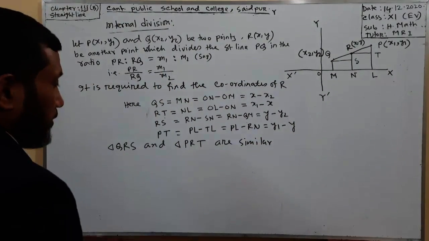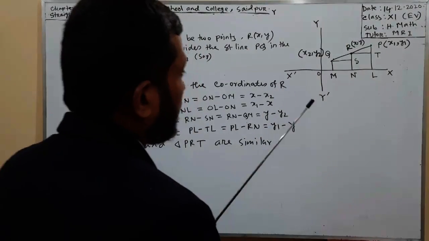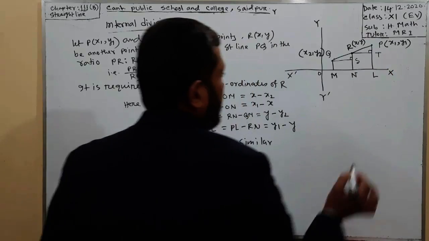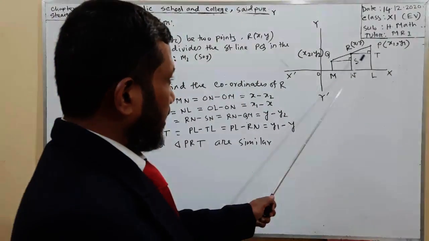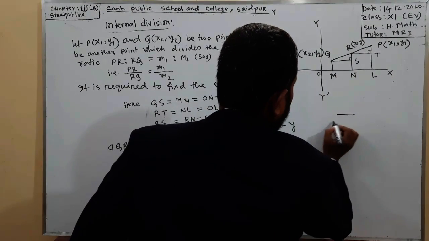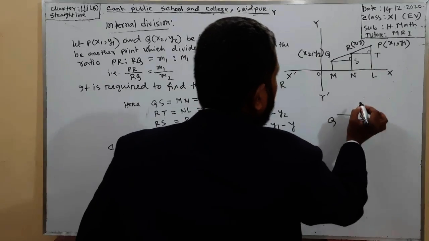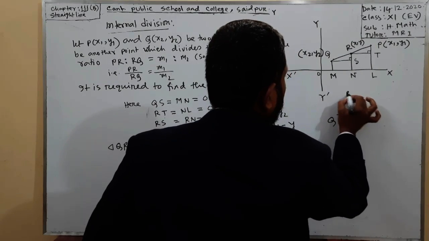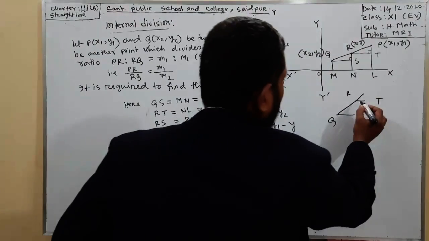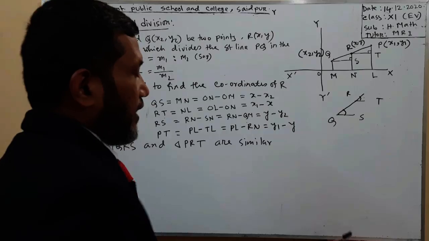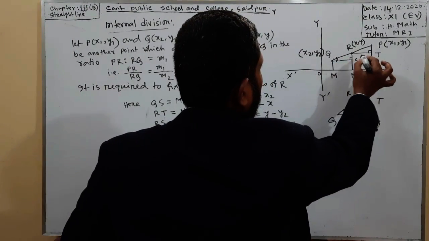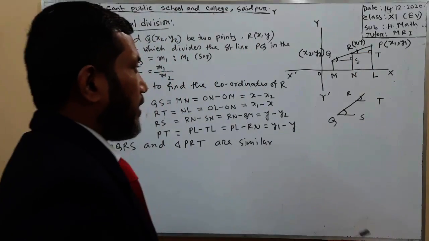Because this angle and this angle are perpendiculars, that is 90 degrees. Since QS and RT are parallel, and this is the transversal, these two angles are corresponding angles, so they are equal, that is angle Q and angle R are equal.